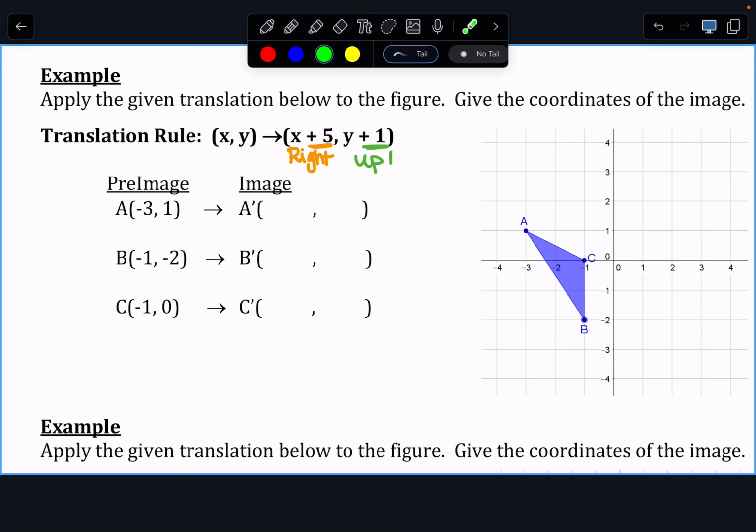So I'm literally taking A here, and I want to go right 5 and up 1. And my new coordinate is where? 2, 2.